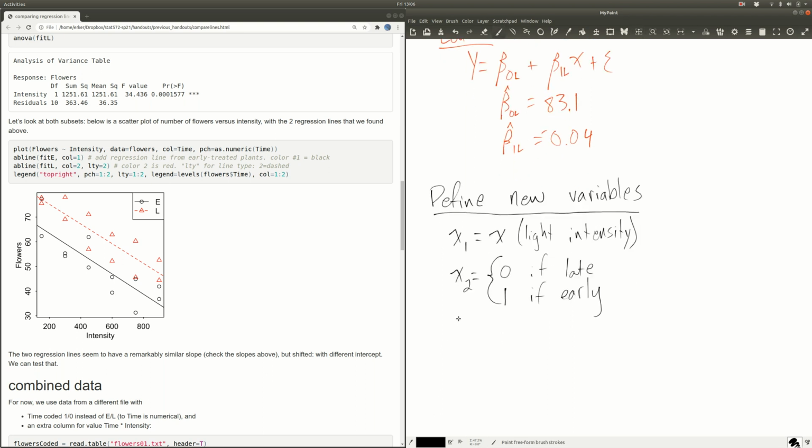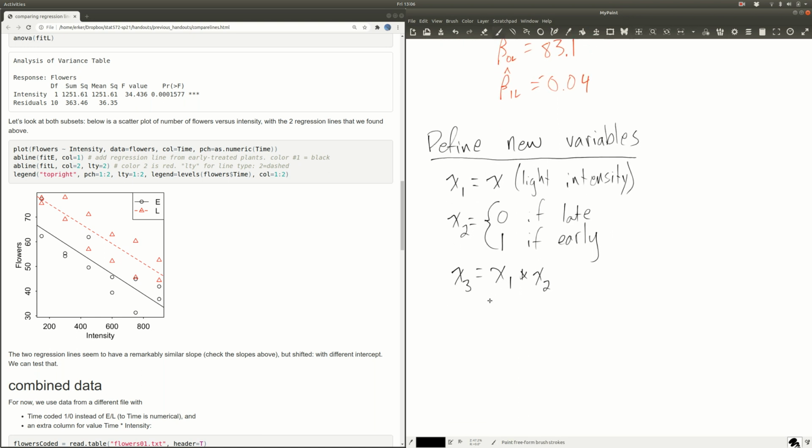And then we'll define a third variable, x3, as the product of x1 and x2. So x1 times x2. And then we're going to fit a model, y equals beta naught plus beta 1 x1 plus beta 2 x2 plus beta 3 x3 plus epsilon.